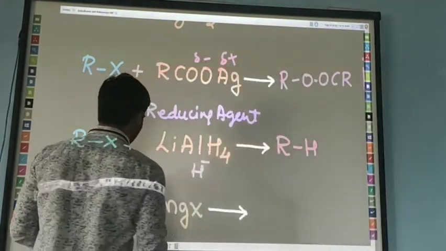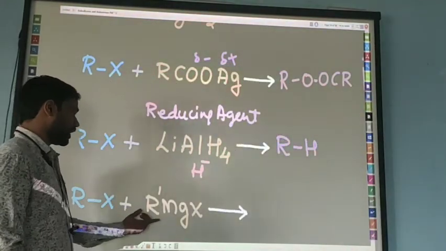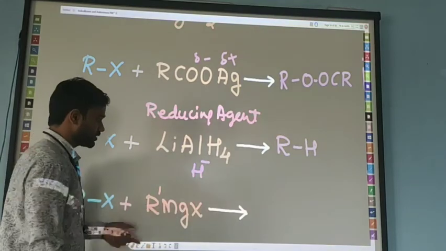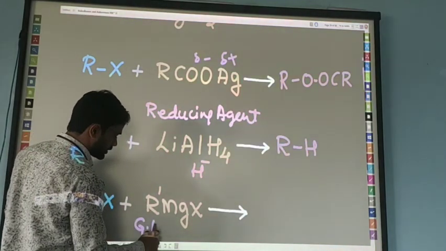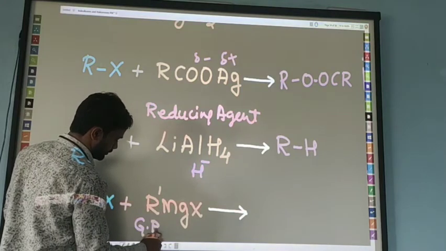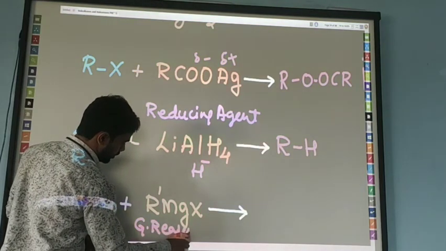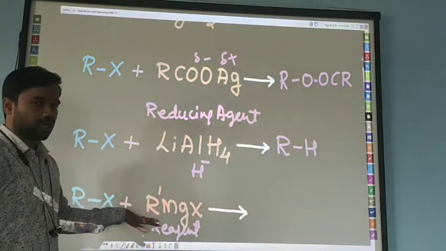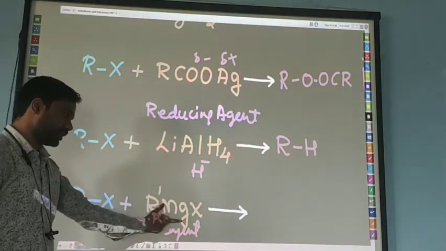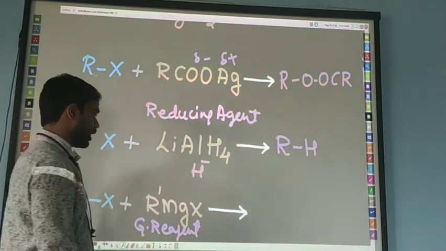Okay, let's see the next one. When alkyl halide reacts with RMgX, here RMgX is the famous Grignard reagent. Let's see what's going to happen.